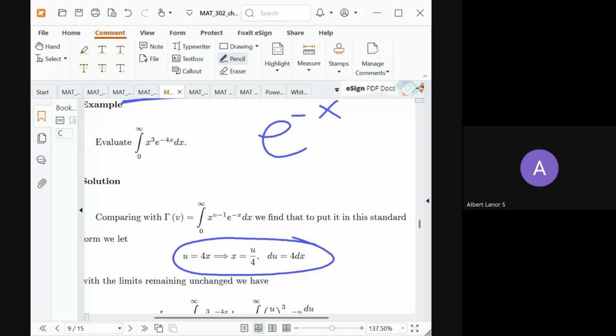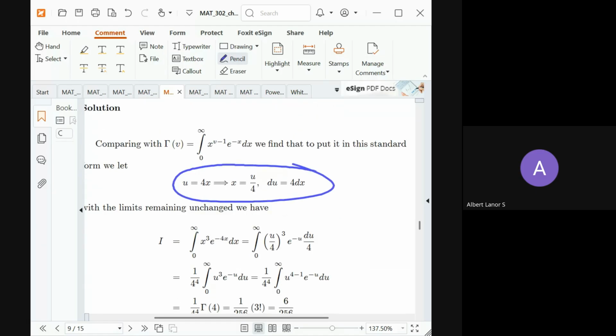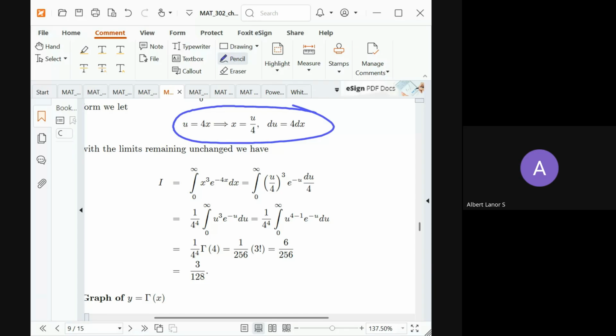Then it will now look like the standard gamma function. Before we evaluate it, you are going to have 1 over 4 to the 4th power, times the integral of u to the 4 minus 1, e to the minus u du, which is the same as 3 factorial.